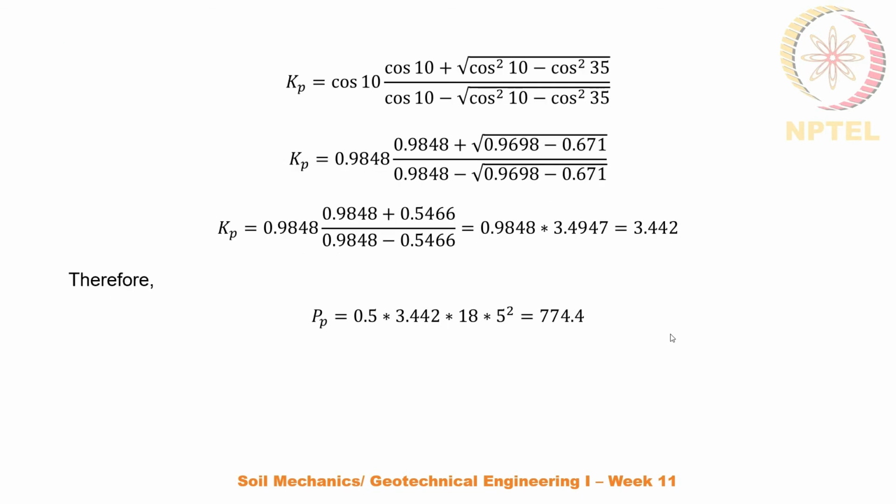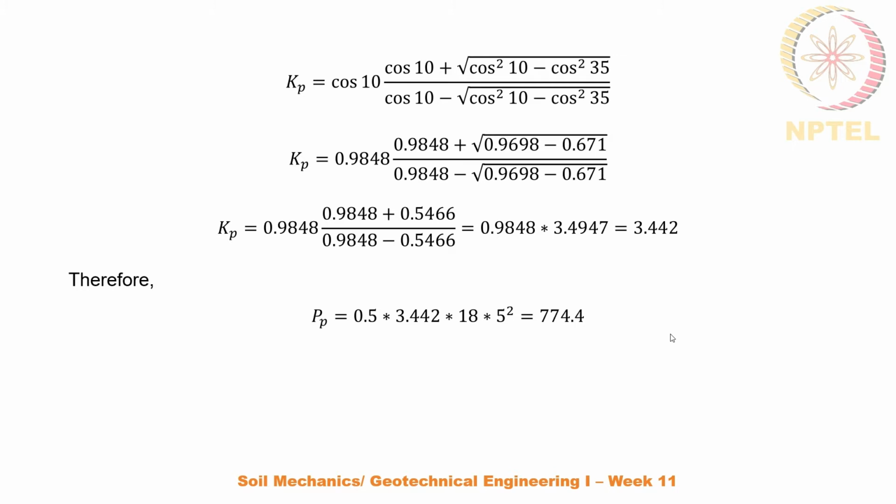Now substituting the values we have, Kp is equal to 0.9848 into 3.4947, which gives a value of 3.442.